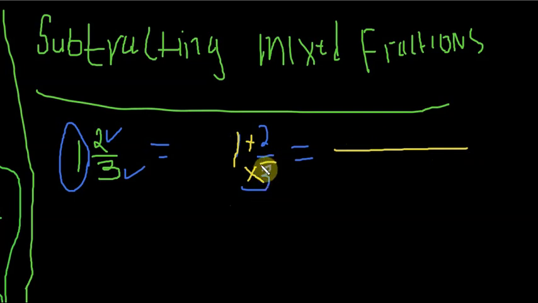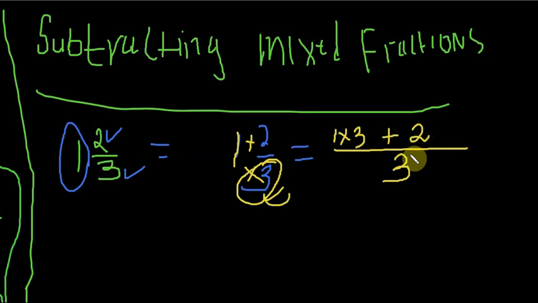So to take it back to an improper fraction, the denominator, which is 3, we just write it down there as it is, and we will now apply the rule, which was we multiply the number in front of the fraction by the denominator. So that will be 1 multiplied by the denominator, which is 3, plus we add the numerator, which is 2.